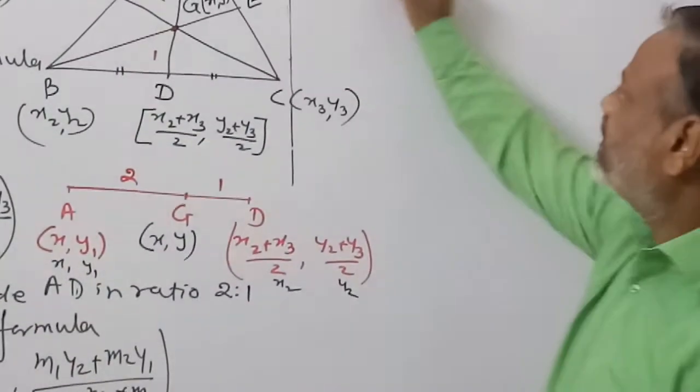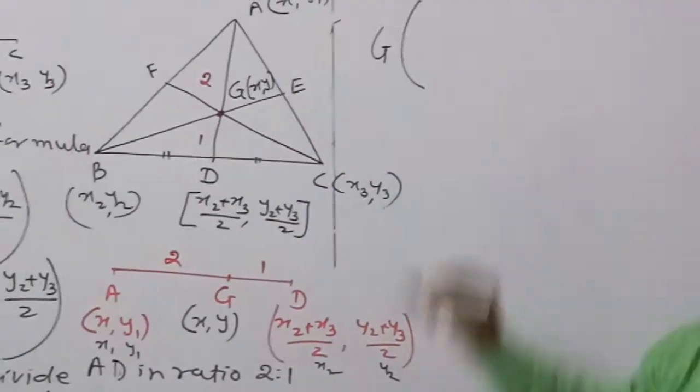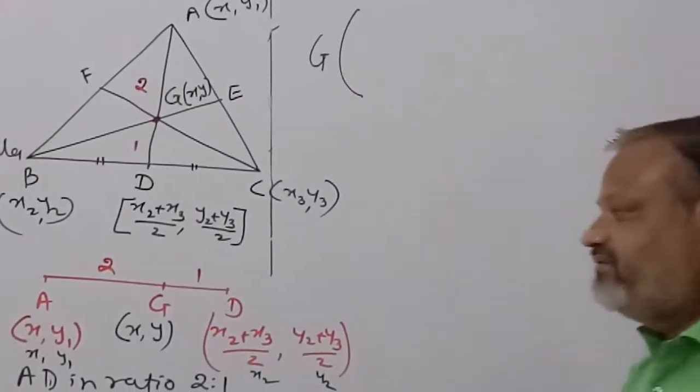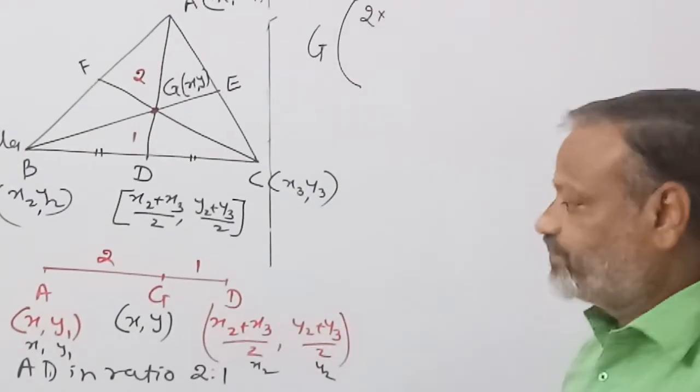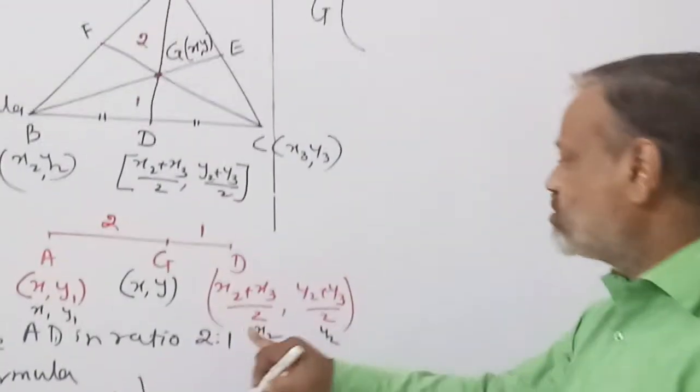Therefore the coordinate of G is given by m1, m1 means what, 2 into x2. x2 means this coordinate.